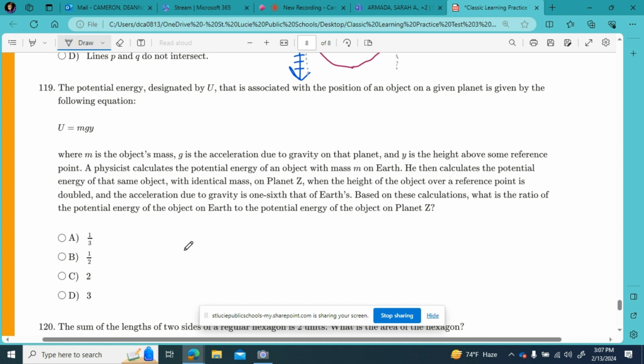So on Earth, oops, bring my writing pad over here. Okay. On Earth, we have U equals mgy, where planet Z is 1/6 that of Earth.